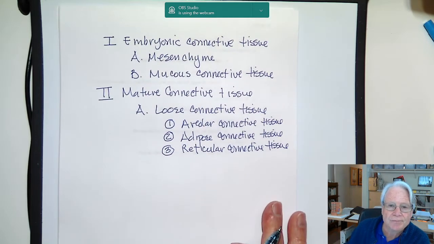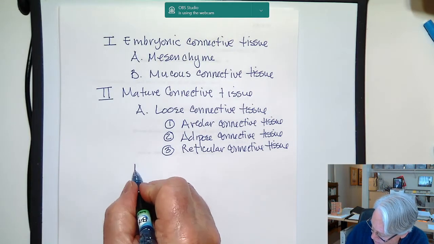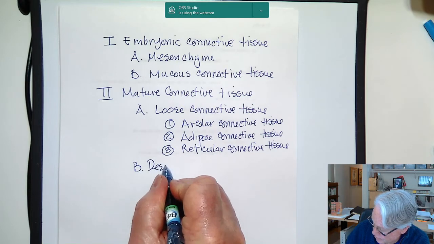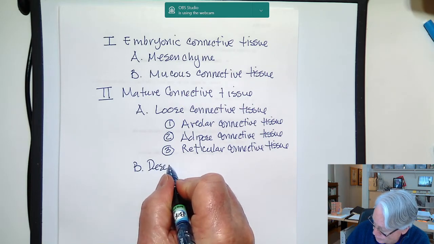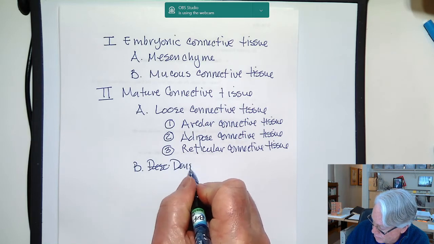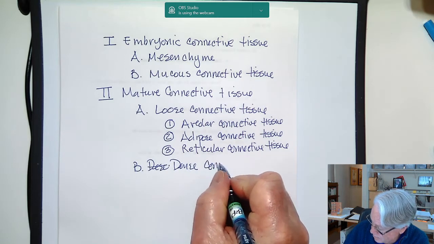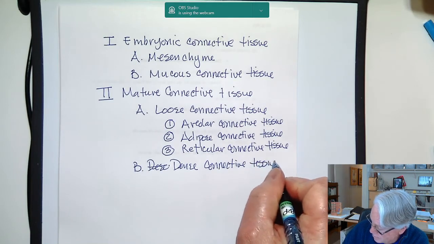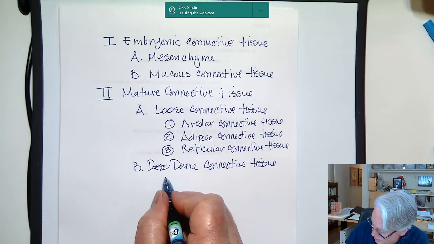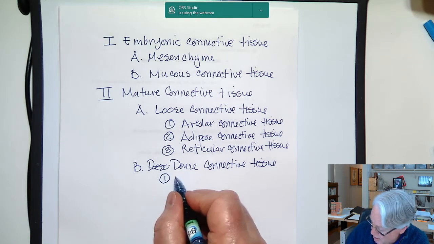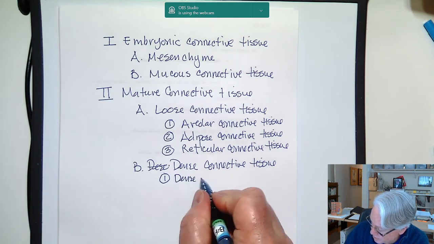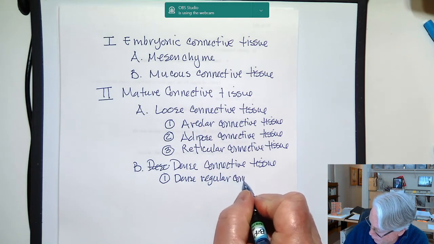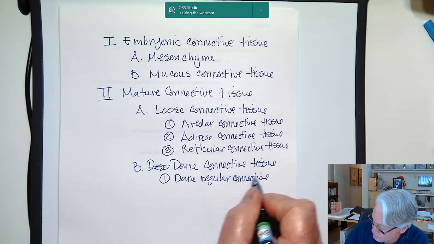Okay. And then I'm going to have a second category, dense connective tissue. And under this, I'm going to have the following categories. Number 1, dense regular connective tissue.